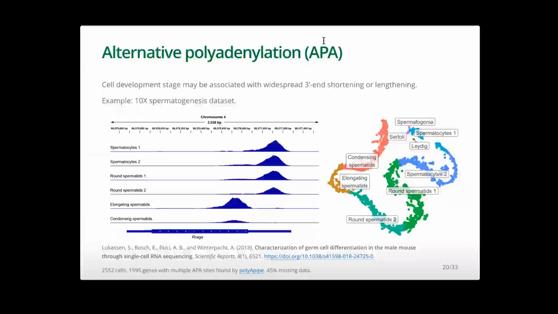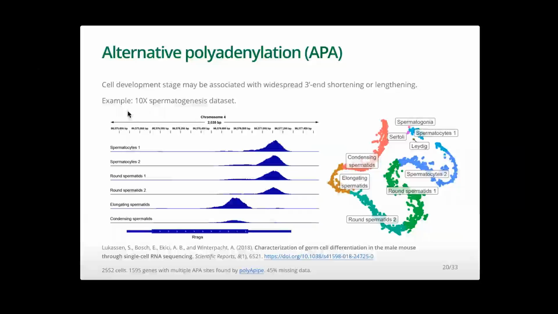Okay, so now just to demonstrate that this is useful for something other than poly-A tail length, I wanted to talk briefly about alternative polyadenylation. So we could do this with PAT-seq, but mixing things up a bit, I want to look at a single cell data set.